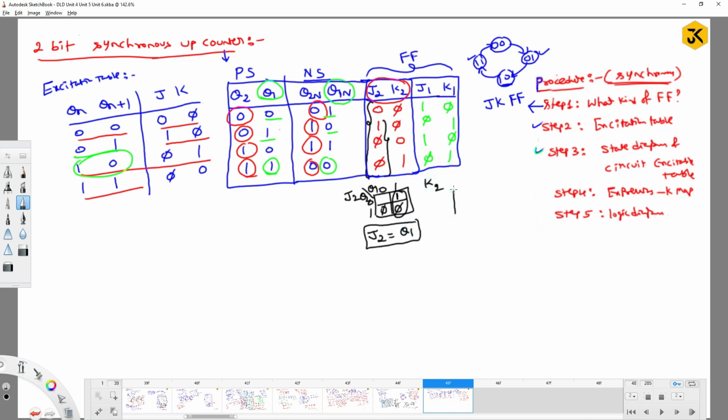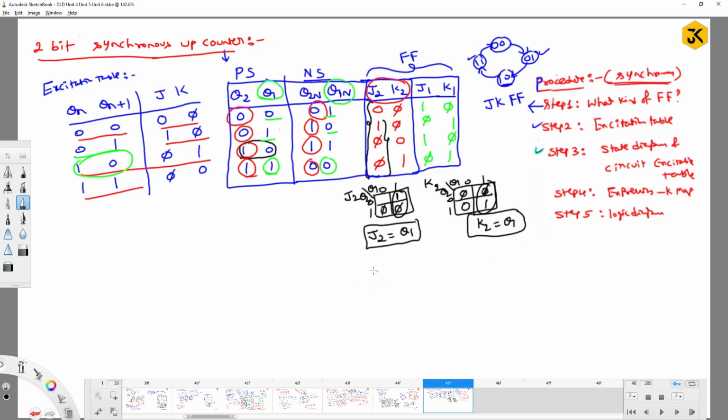Similarly, to find K2, take Q2 Q1 as 00, 01, 10, 11. Except for the 10 combination, you have to fill all the cells. For 00 it is don't care, for 01 it is don't care, for 11 it will be 1, and for 10 it will be 0. So K2 is Q1.